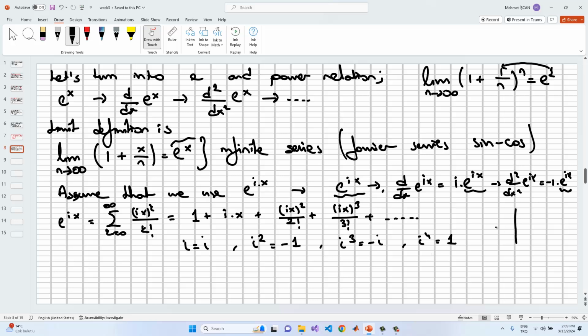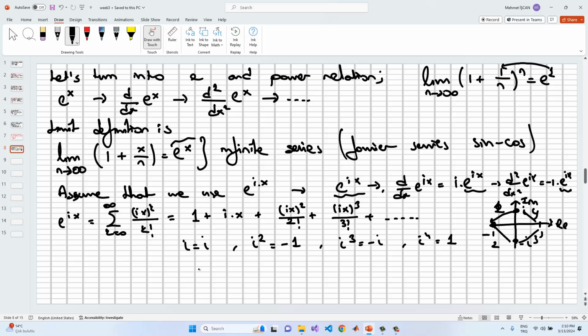And so in the real and imaginary axis we take the i, and after that we have minus 1, and after that we have minus i, and we have the 1, right? In the real and imaginary axis we have this one. This is the first, this is the second, third, and fourth, right? 1, 2, 3, 4.